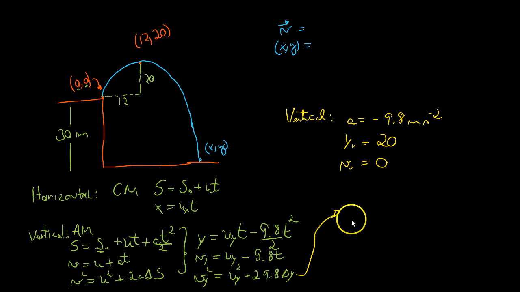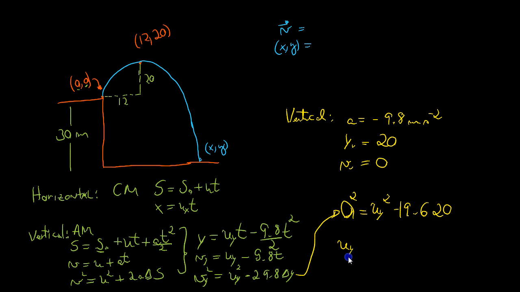So vy squared, that's just 0 at this point here, so 0 squared equals the initial velocity squared minus 19.6 times the height, which is 20.